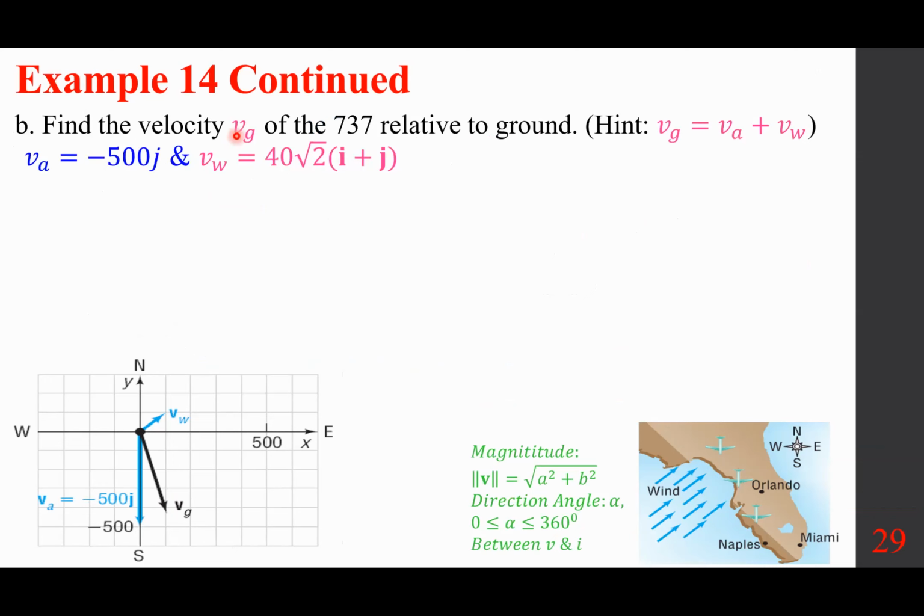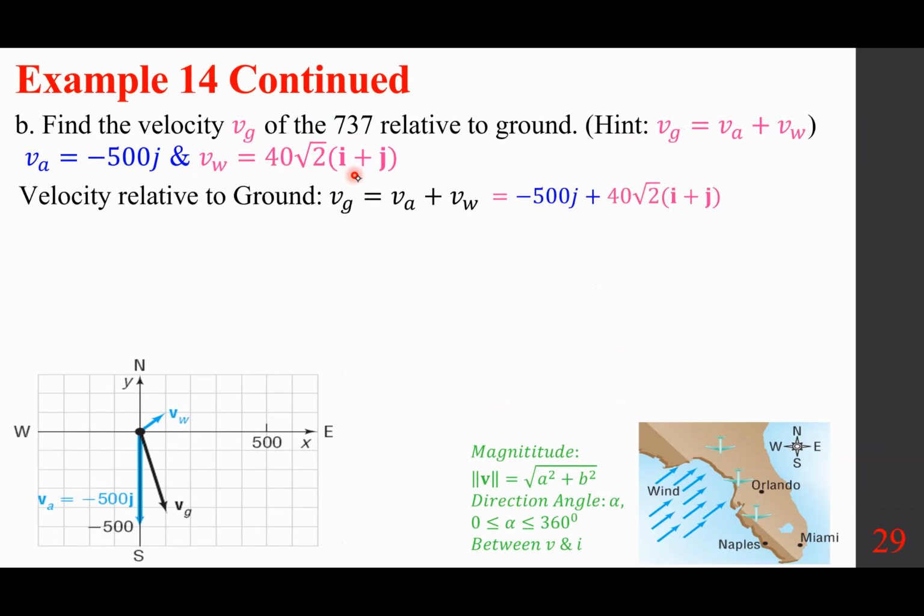We're going to find the velocity V sub G of this 737 aircraft relative to the ground, which means we need to add the two. I'm writing the information we calculated from the previous page. V sub A is minus 500J and V sub W is 40 square root of 2 times I plus J. We just add them up component-wise.